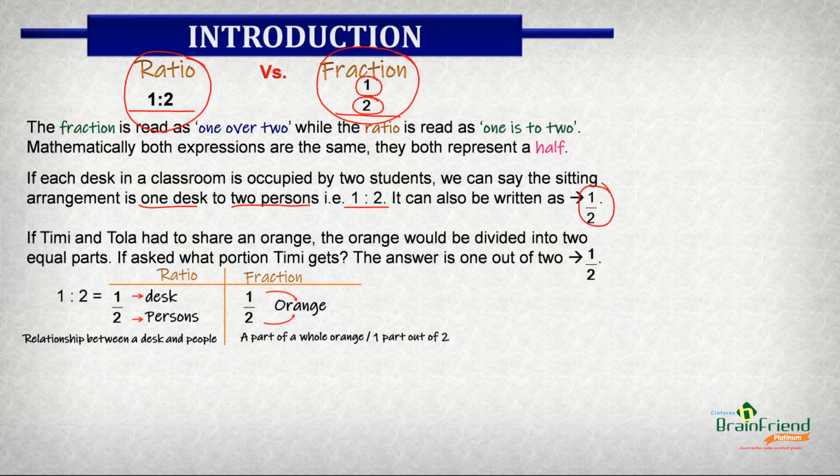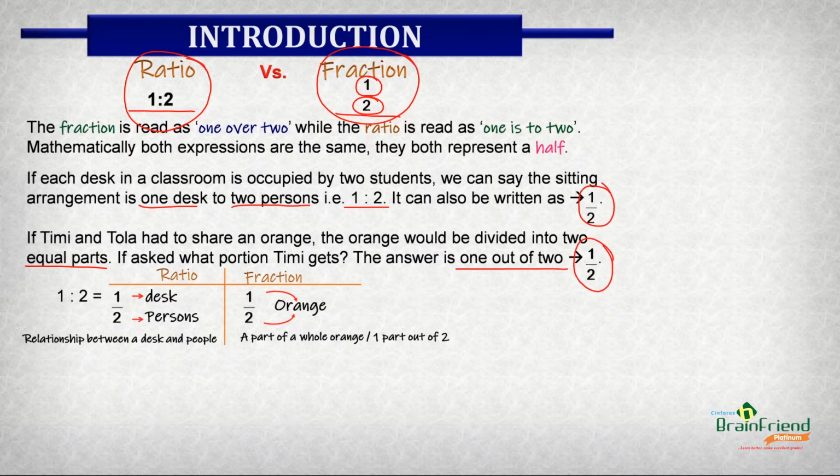Also, if Timi and Tola had to share an orange, the orange will be divided into two equal parts. Now, if asked what portion Timi gets, the answer is 1/2.